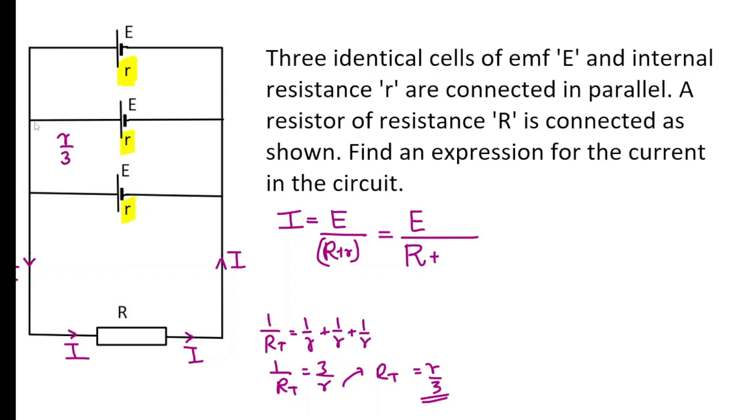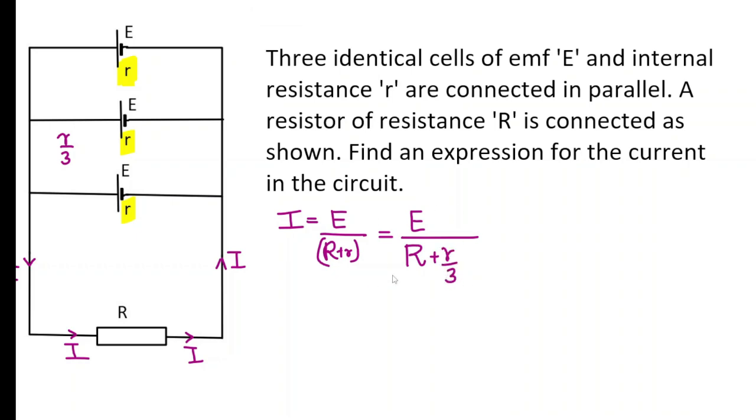But you don't really need to do that. You can straight away get this, because we know when you have a number of identical resistors connected in parallel, the total resistance is the resistance of one of them divided by the number of resistors. In this case, r divided by 3. I did a separate video on this somewhere in the playlist. You can have a look at it if you want to get familiar with that one. So this is r over 3.